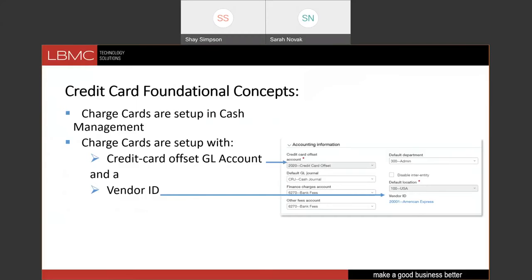Something to think about. You also have to assign a vendor ID to these charge cards as well, because as we look at this charge card payoff, it's going to be creating those payables due to American Express, Visa, MasterCard, etc.